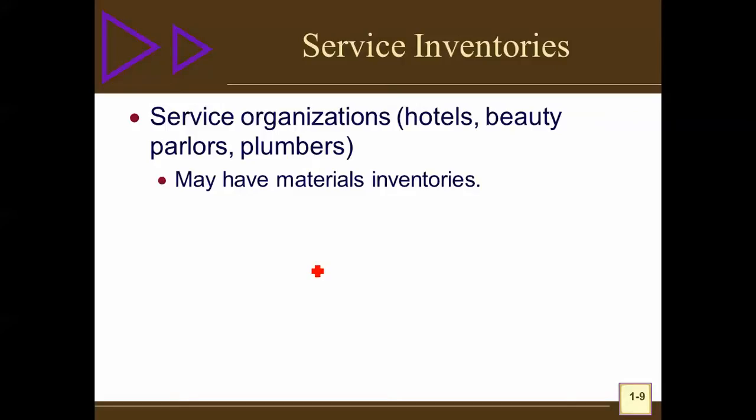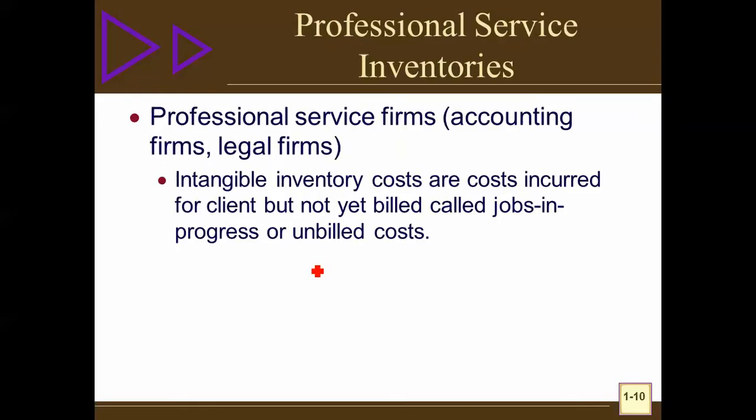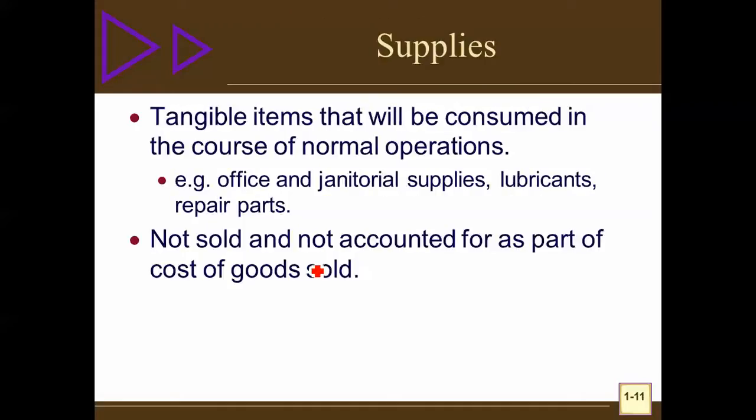Whatever they do, they have supplies. Same with professional services. We must distinguish inventory from supplies. People say, oh, I have a supplies inventory. They mean inventory in the sense that there's a group, a number of these items. We're talking about office supplies, pens and paper and what have you, janitorial supplies, repair parts. Those are not inventory.